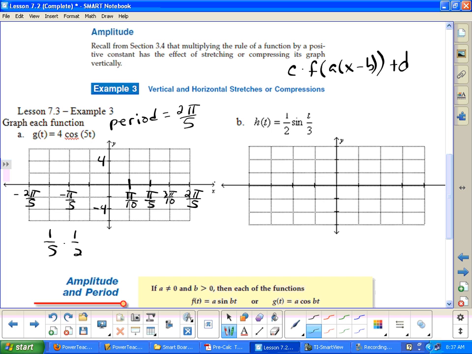Okay? And I just graph cosine. Max, 0, min, 0, max. And then go the other way. And there we go. Okay?